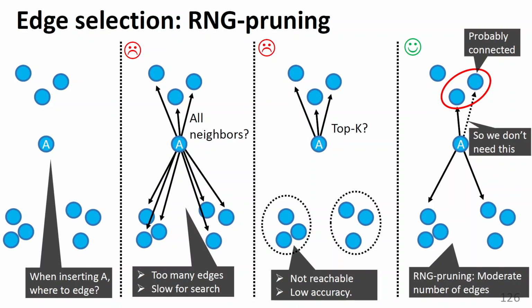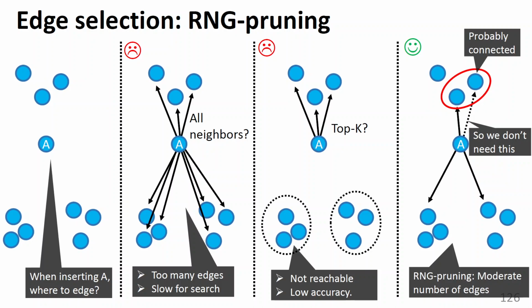Next, we talk about how to prune your edges to make your graph not too dense. Okay, here are some cases. Given a new node we want to insert in this graph, what edges should we build for it?